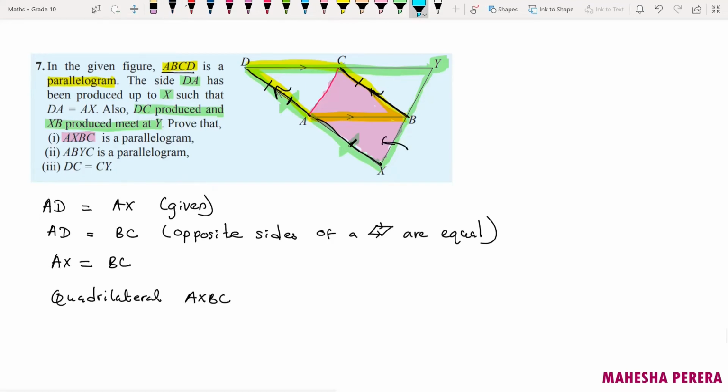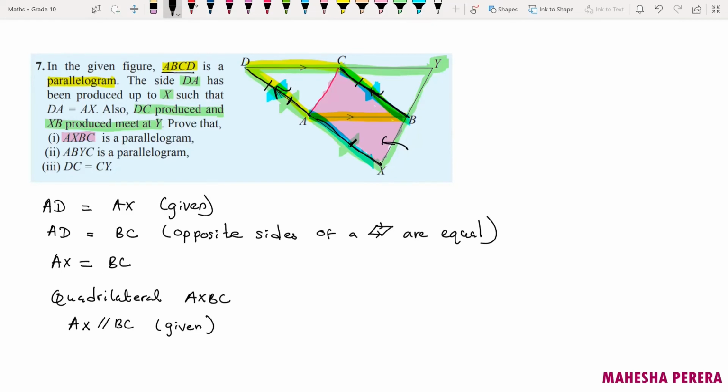Now, when you consider the quadrilateral AXBC pink color figure, these two lines are parallel. It's given actually, right? Can you see? So we can write AX is parallel to BC, given.